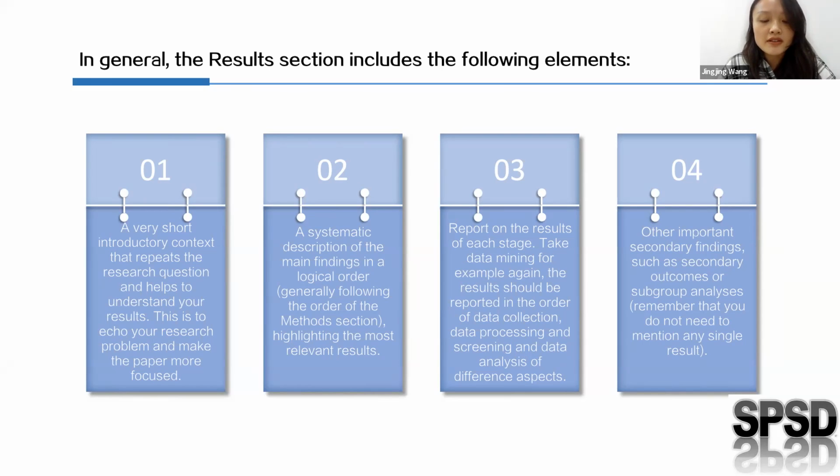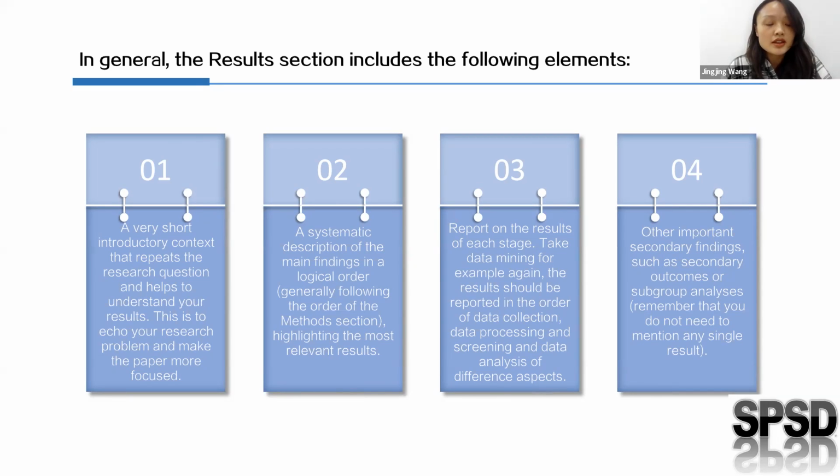Again, take data mining, for example. The results should be reported in the order of data collection, data processing and screening, and data analysis. It is okay to report on different result types or other aspects of results. Just make sure your results are arranged in a reasonable order.